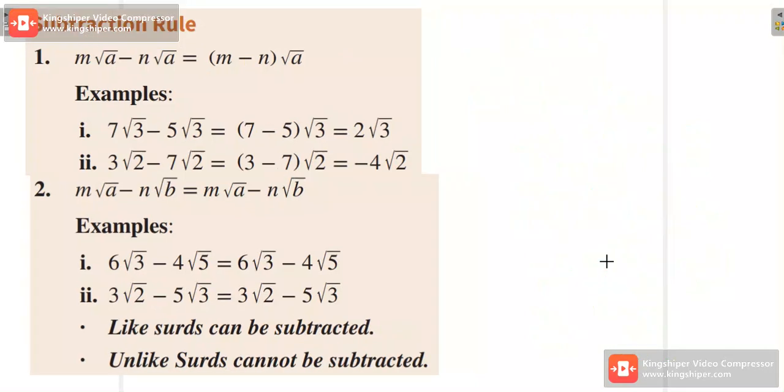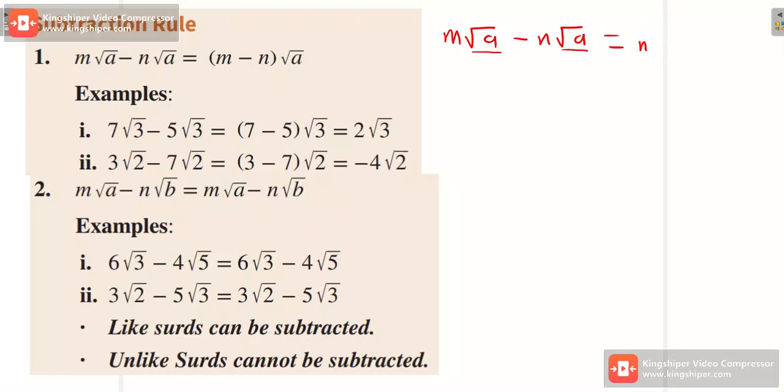So the same rule applies to subtraction. Let's say we have m root of a minus n root of a. Here too, the root of a's are common, so we can still factorize that out.